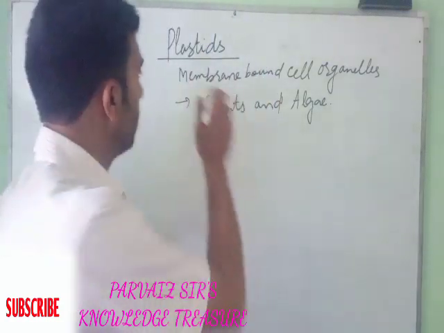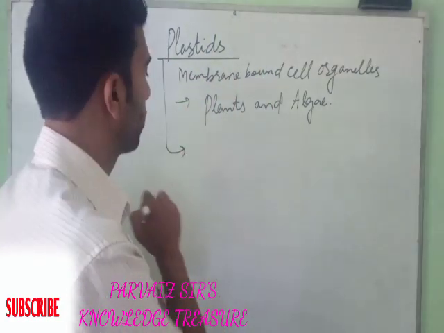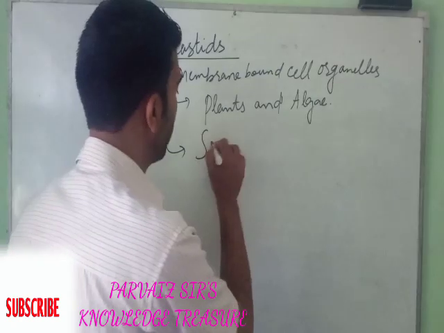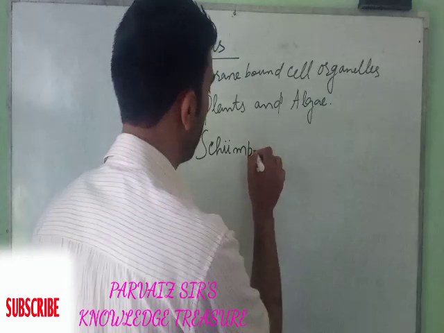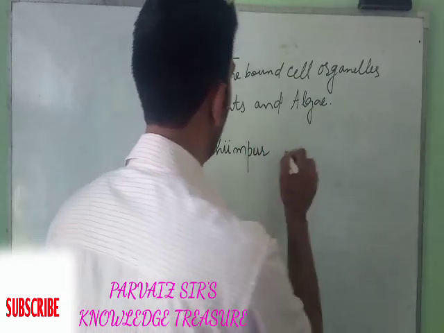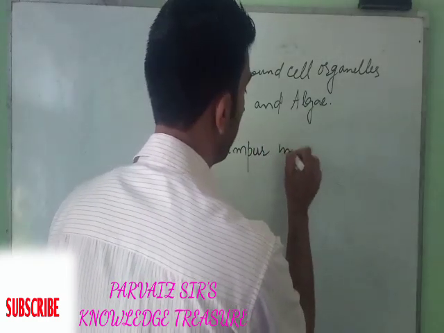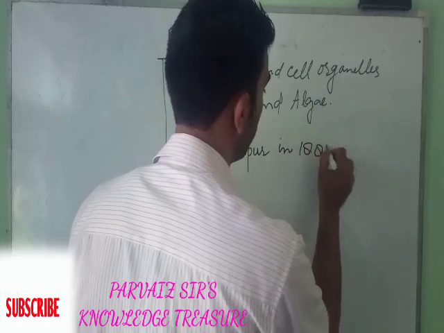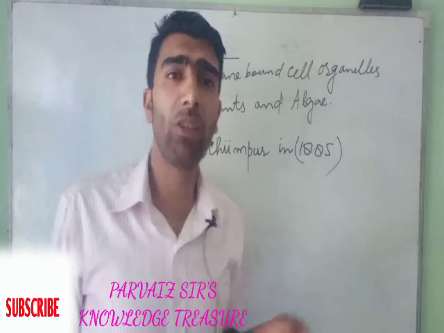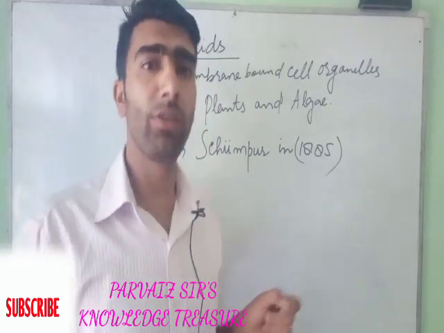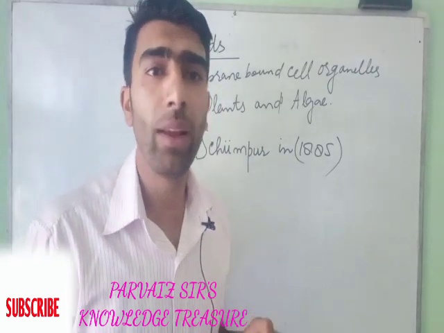The term plastid was first coined by Schimper in 1885. The word plastid is derived from the Greek word plasticus, which means formed and molded.